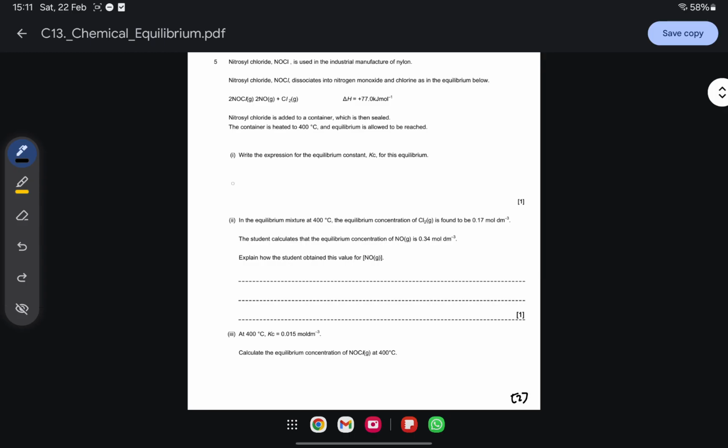So Kc, as I said, even the question tells you to write it down, and you should do it all the time independently. It would be [NO]² times [Cl2], this is the product, divided by [NOCl]². In the equilibrium mixture we have this amount and this amount.